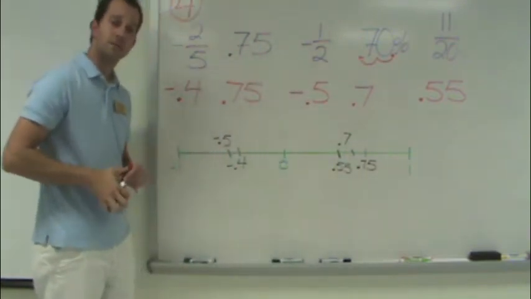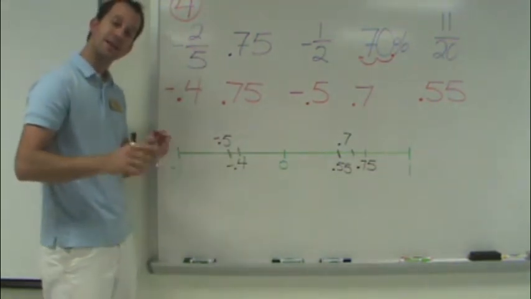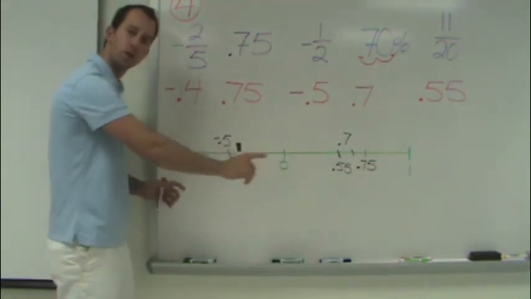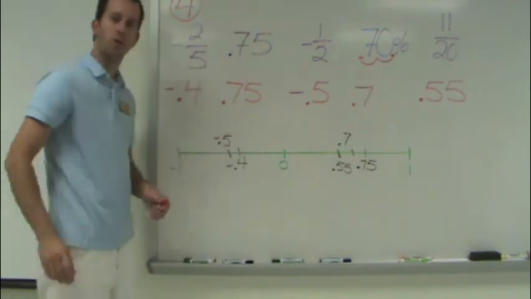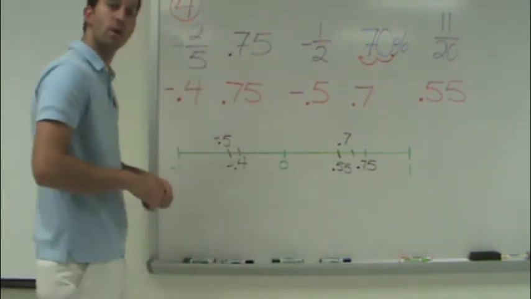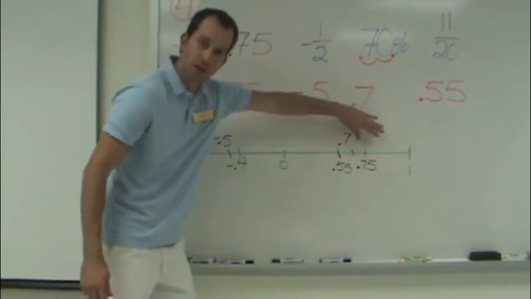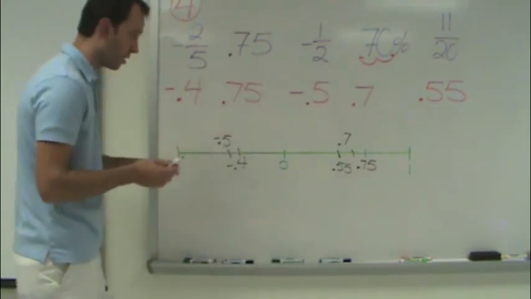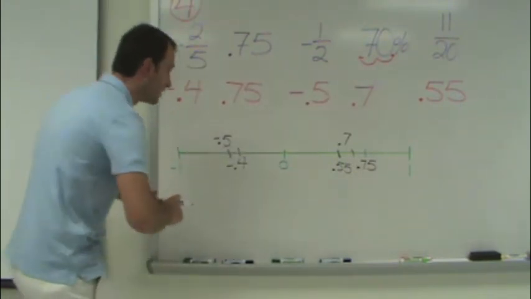Now, my number line isn't perfect, but it doesn't have to be. It's here to help me put these numbers in order. Once I have them where they should go on the number line, I can go ahead and write them from greatest to least. And let's make sure we write our answer so our teacher can see it.